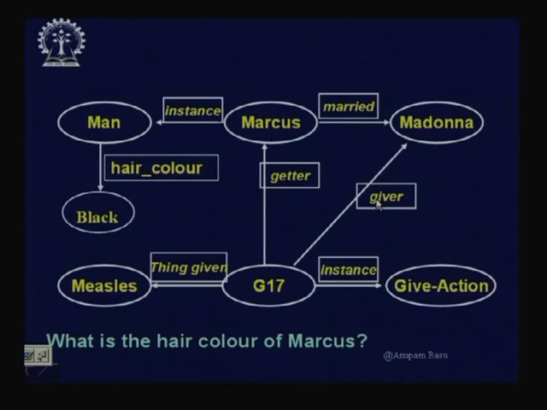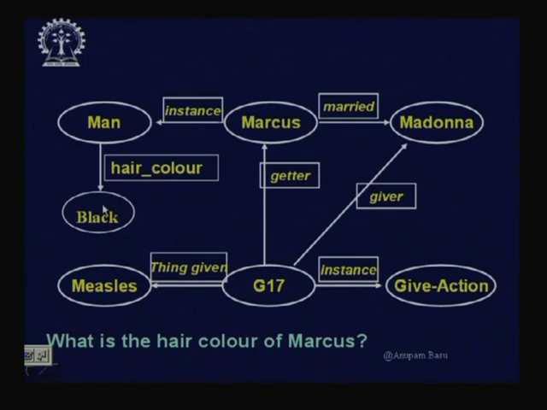Now, here is another example. What is the hair color of Marcus? Now, let us look at the semantic net. We have seen a similar example in the last lecture. Man is a class, hair color of man is black.